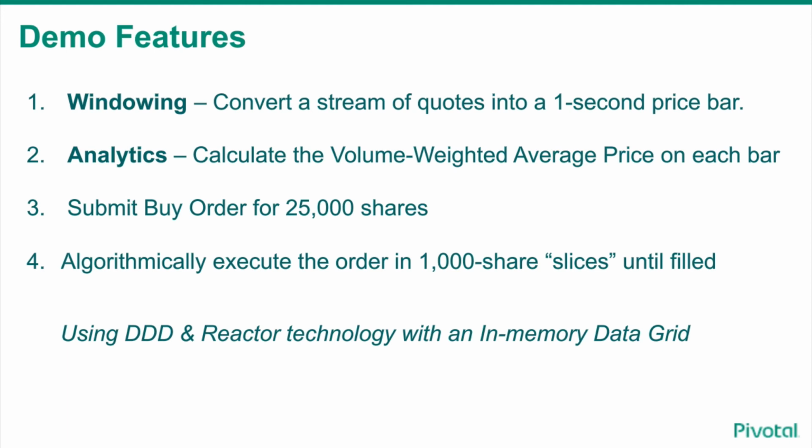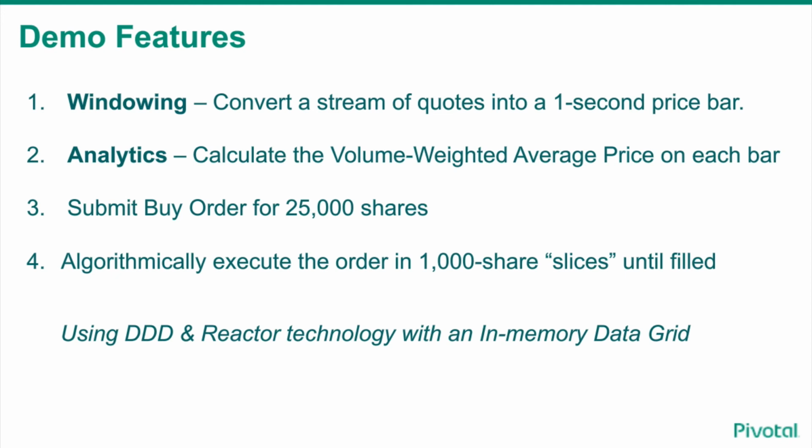Third, you'll see me submit a buy order for 25,000 shares. And then our fourth, you're going to see the algorithmic execution or order platform listening for that buy order. It's going to hear it, it's going to get it, and then it's going to be executing those 25,000 shares in 1,000 share slices until it's filled.